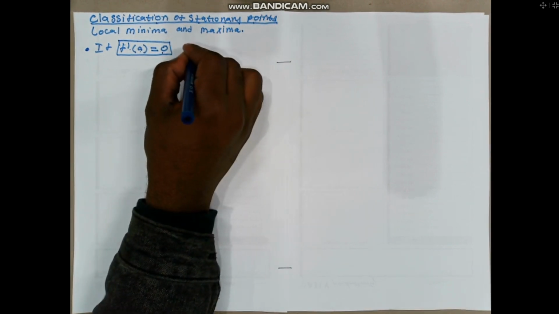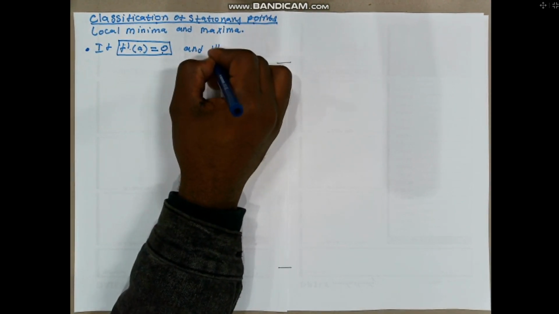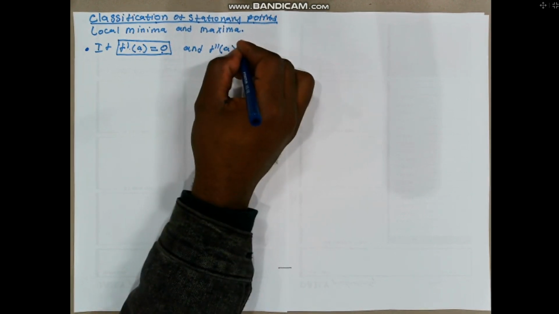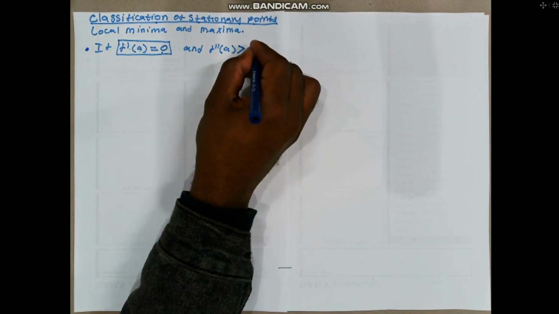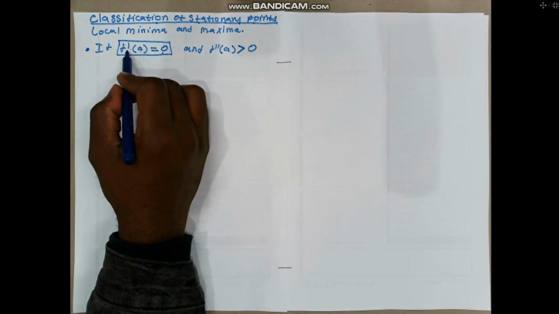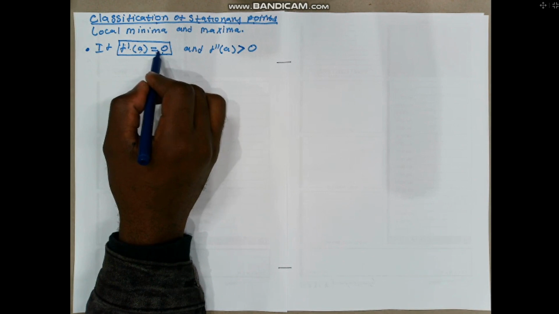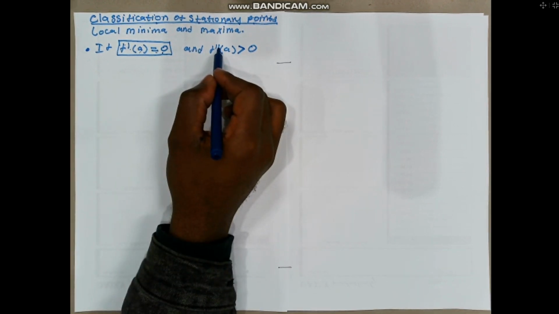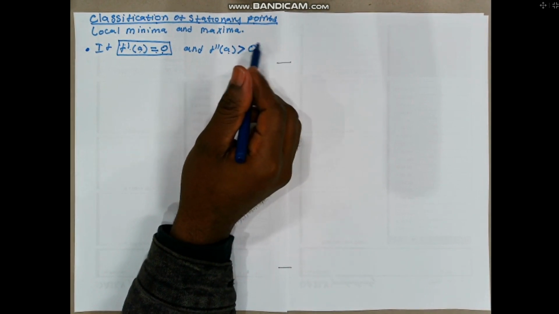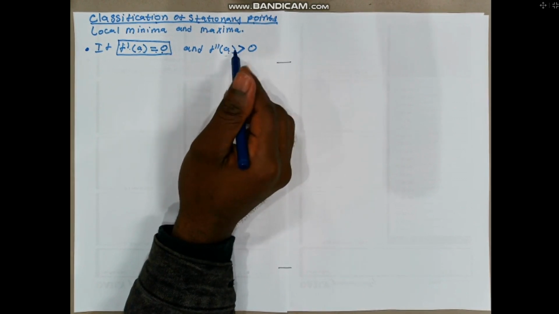And then where the second derivative of a is greater than 0. Your f prime of a is equal to 0, then the second derivative of a is greater than 0, meaning this number here must be positive.